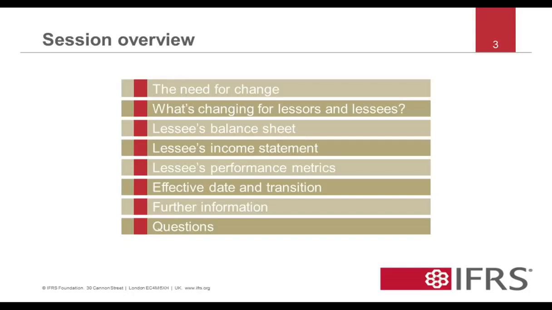We'll concentrate on the biggest changes, most notably those to the primary financial statements of lessees. We'll also talk about the effect of IFRS 16 on a lessee's performance metrics. Finally, we'll talk briefly about the effective date of IFRS 16 and about the transition requirements. We're planning to talk through the slide pack for no longer than about 20 minutes to leave plenty of time for questions at the end.